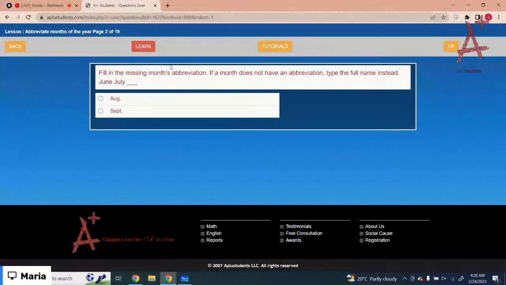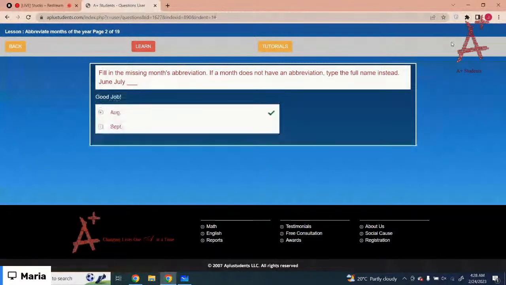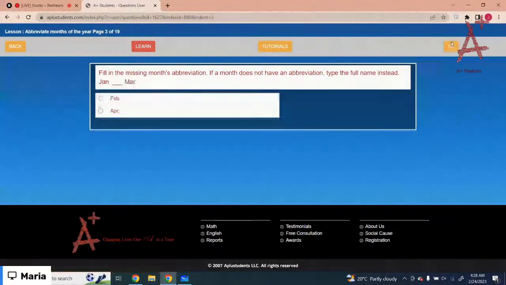Right after June, July, we have August. Got it? Okay, the next one is January, dash, and March. Which is the month between January and March? Yes, that would be January, February, and March.